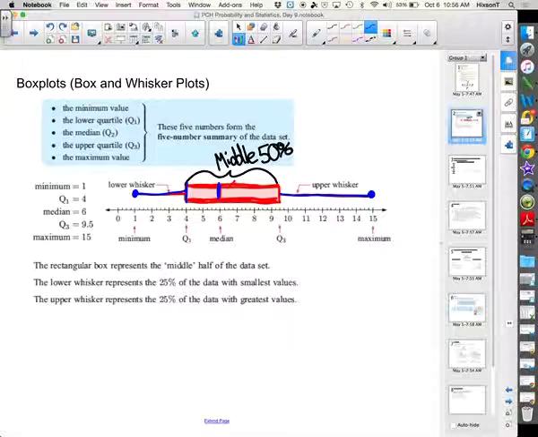Now, understand here, there's still the same number of pieces of data in each of these quartiles. Okay? If there are 5 people represented down here, there's still 5 people represented here, 5 people represented here, 5 people represented here. It's just the values are spread out more or condensed more. Okay? Does that make sense?